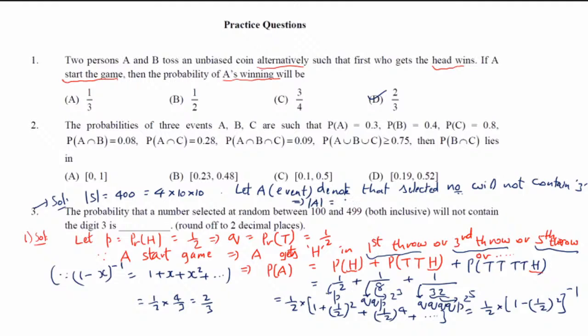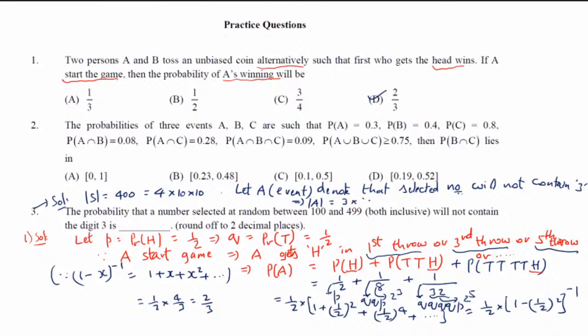Usually, again, first place, that is the hundreds place: 1, 2, 3, 4. Now 3 is ignored, as it will not contain 3. So 3 ways, into the tens place, which may be from 0 to 9. Am I correct or not? But not containing the digit means 0, 1, 2, 4, 5, 6, 7, 8, 9.